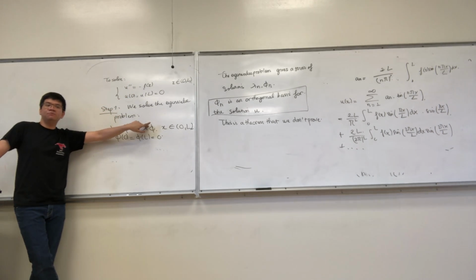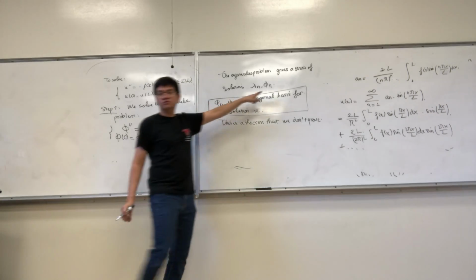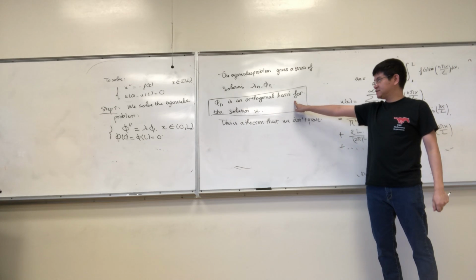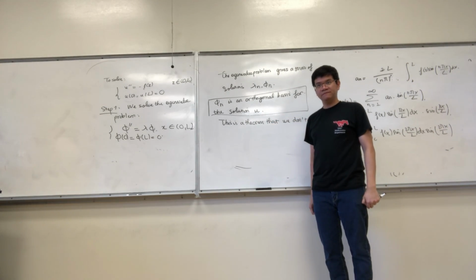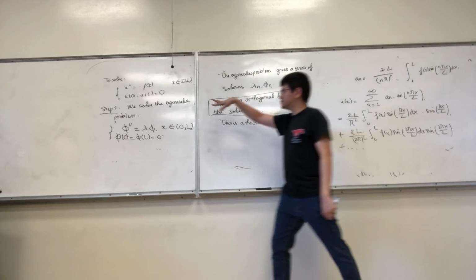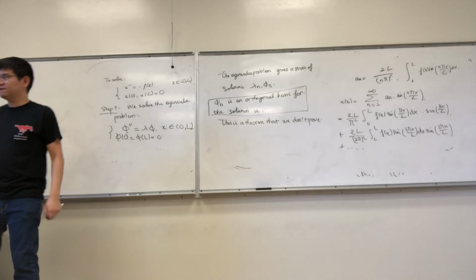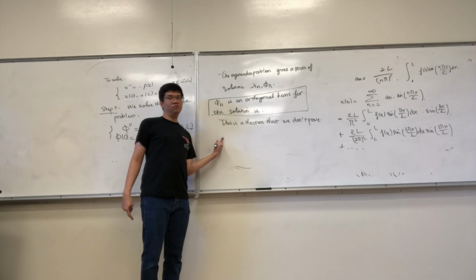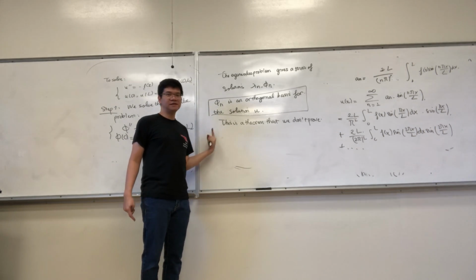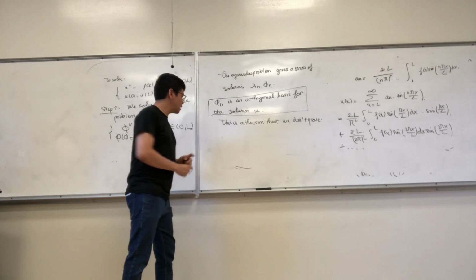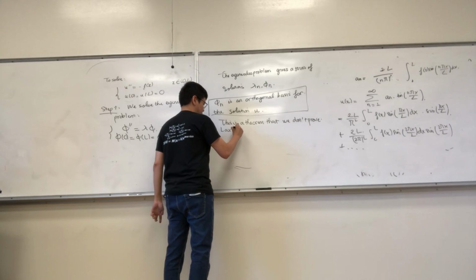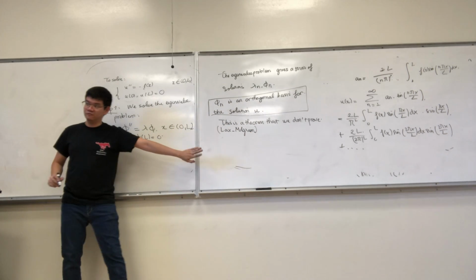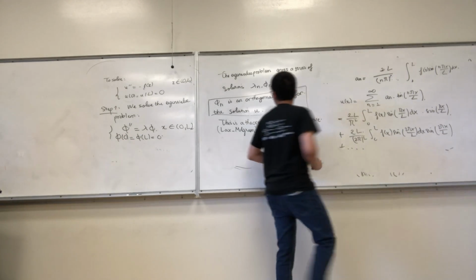The eigenvalue problem will produce a series of solutions, phi1, phi2, phi n. This phi1, phi2, phi n will be the orthogonal basis for the solution U. So given a different f, you can still expand on this basis. And this is a very deep theorem that we don't prove. Basically, it's the Lax-Milgram theorem. But we don't prove it because we're going to need a lot of functional analysis.